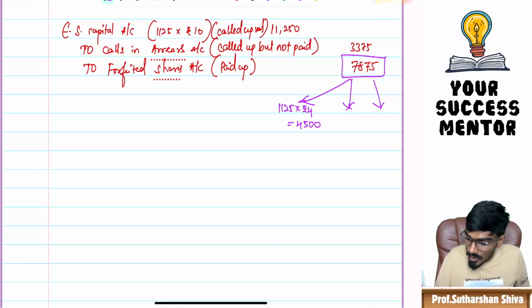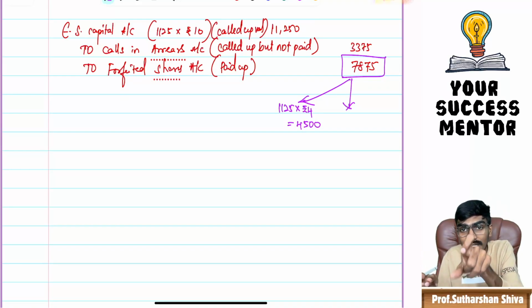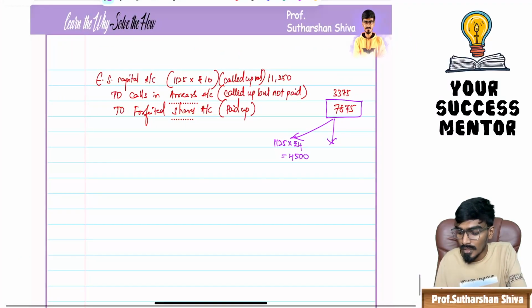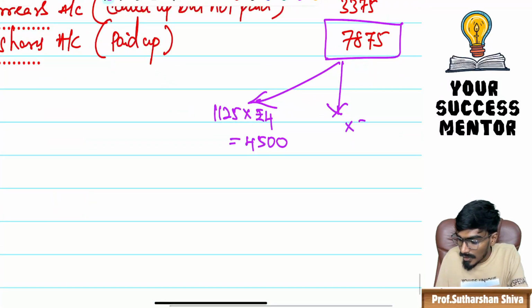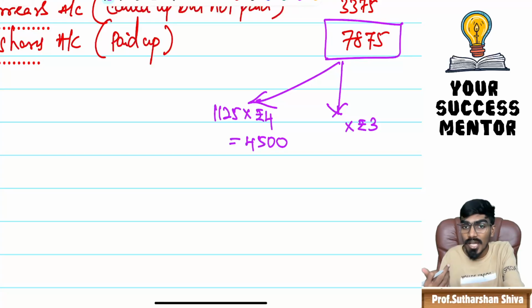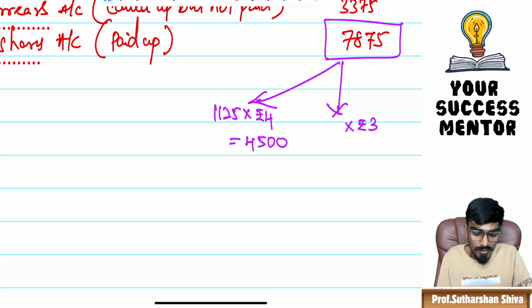4,500. Okay. Then how much excess is the company holding for that amount? The company is holding 3 rupees. The company is holding 3 rupees for how many shares? 375 shares?